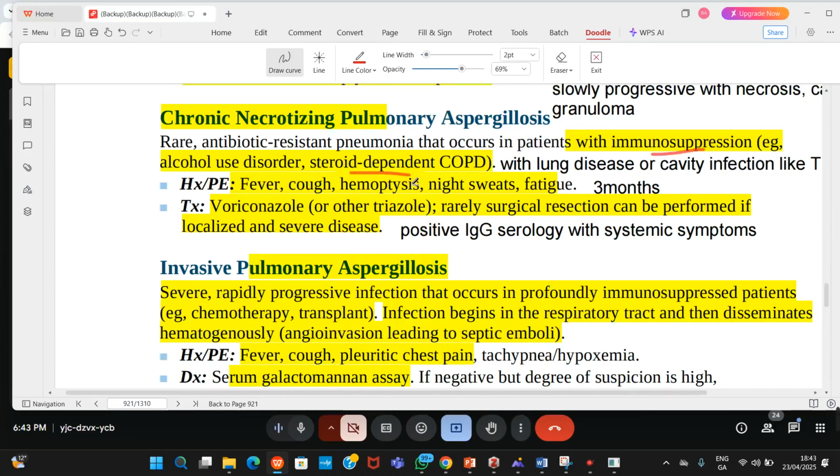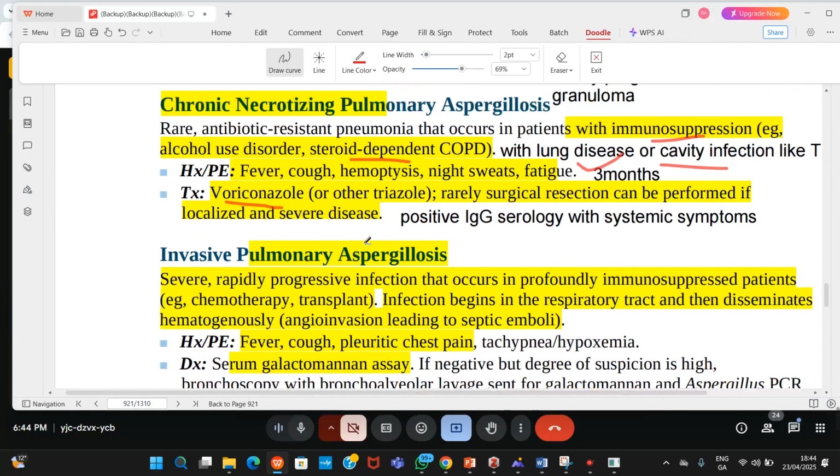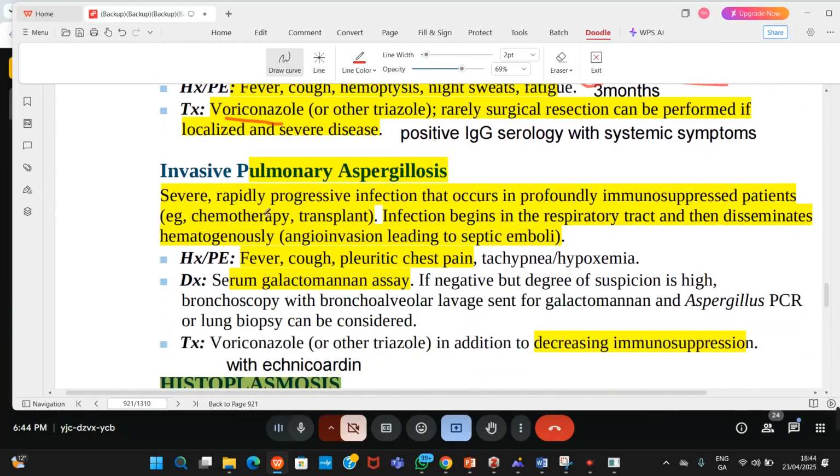It's very common in people that are immunosuppressed, people on steroids, so they have very weak immunity. So the Aspergillus organism causes necrosis of the tissue with formation of cavities like tuberculosis. Most of the time you might just want to give voriconazole to treat it, and the patient is going to be all right. That's all we do.